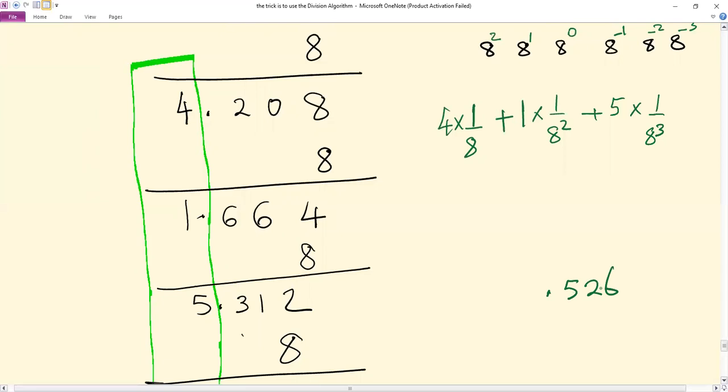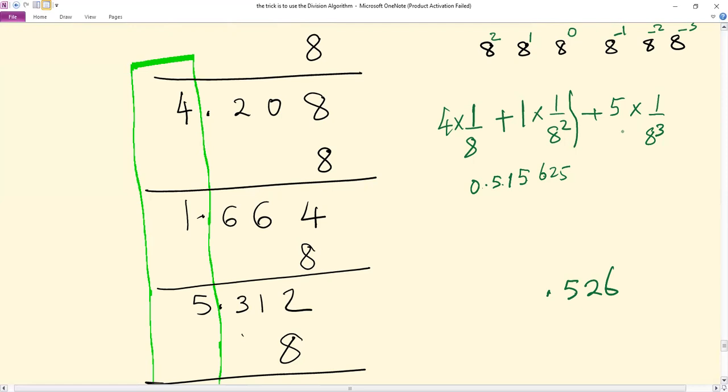For example, if we add 4 times 1 over 8 plus 1 times 1 over 8 squared, assuming that's where we reach, up to this point we get 0.515625. You see, 0.515625 is far away from 0.526. So we have to add this other part.